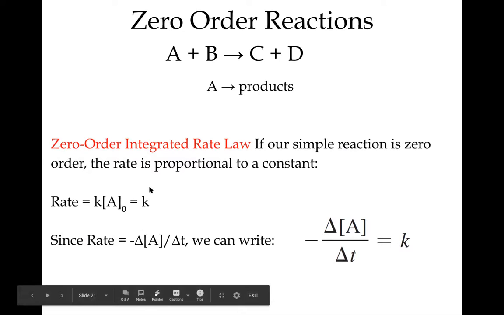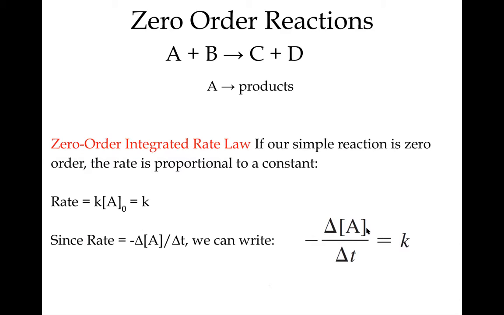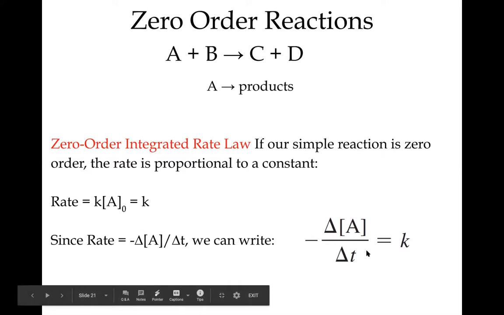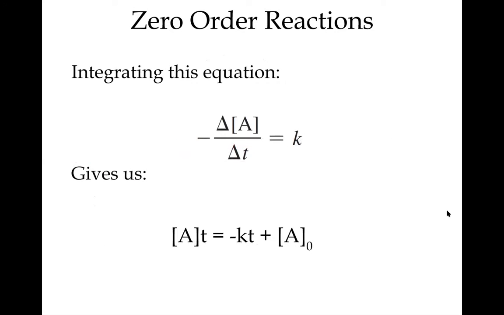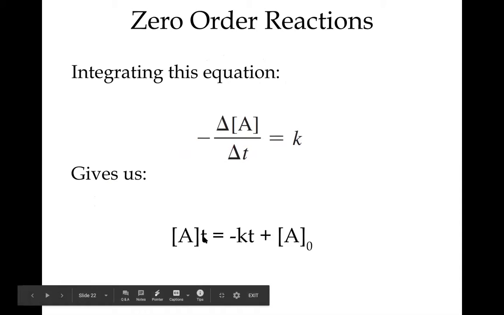It becomes 1, right? And so now we have this relationship, the negative change in concentration of our reactant over the change in time is equal to k. Integrating that, we get the concentration of A, that should be subscript t.